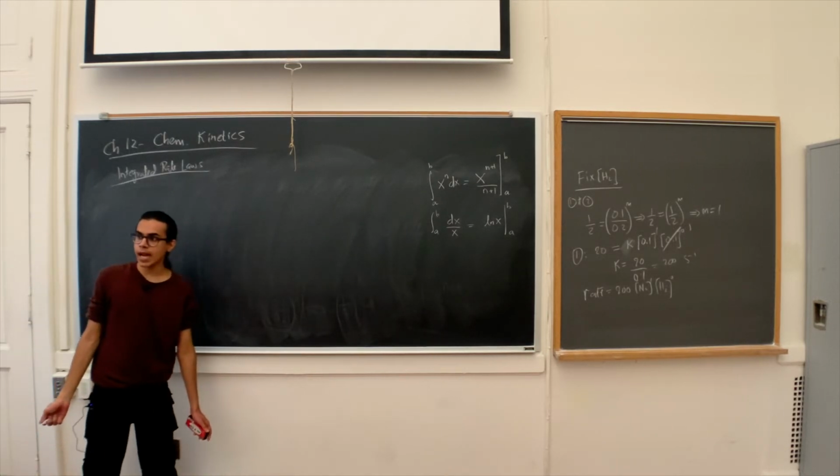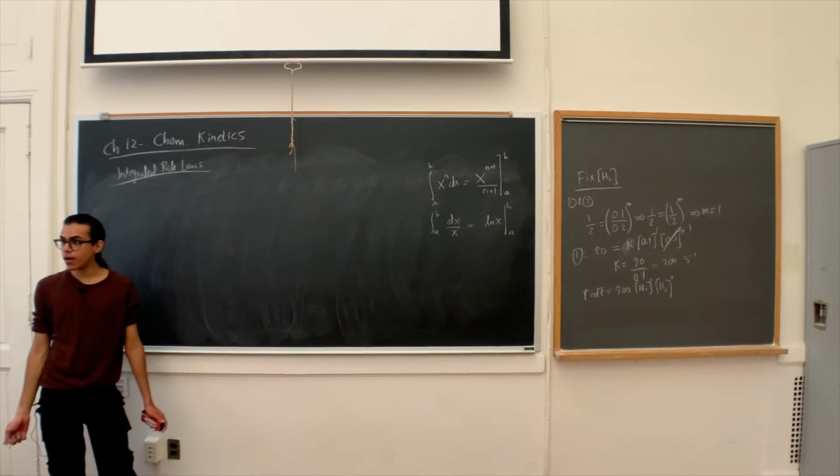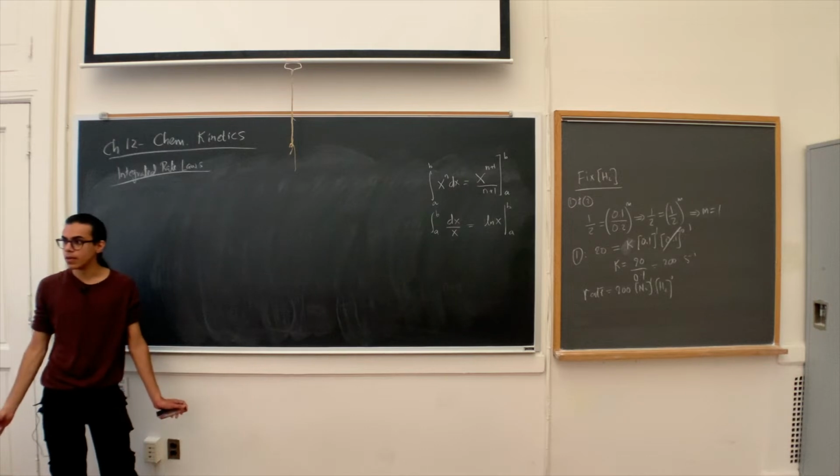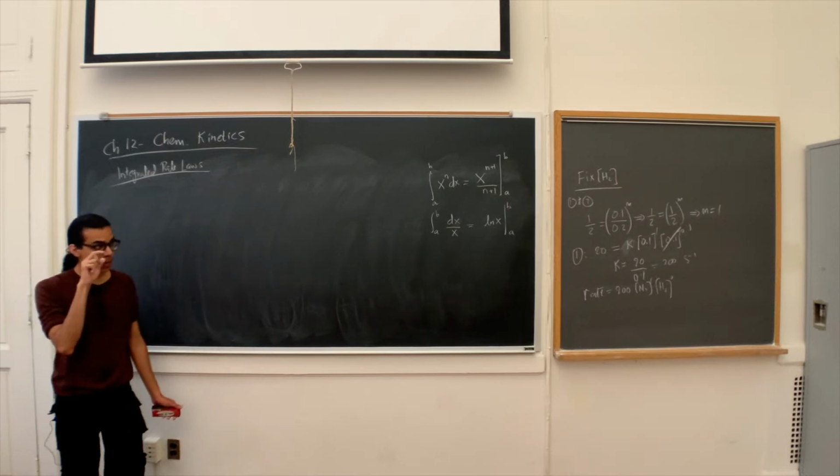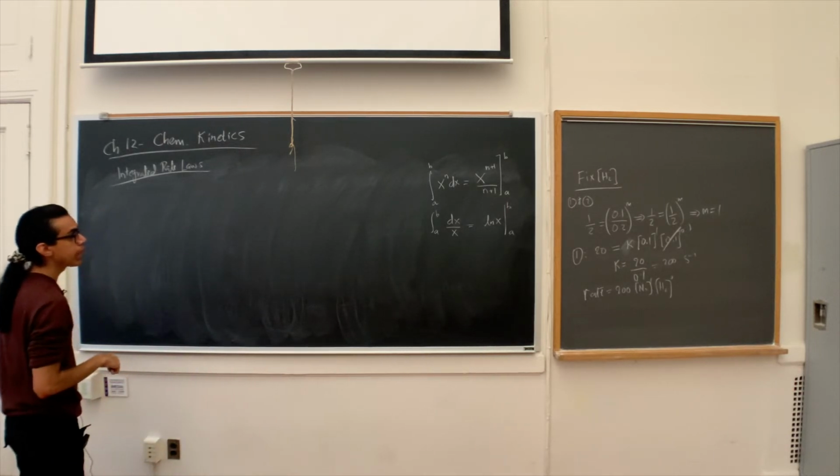Remember, a reaction can be very sensitive to the concentration of a certain reactant, or it can be not sensitive at all. And we said that that reflected on the power that is associated with that reactant. Okay? So let's study 3 cases.